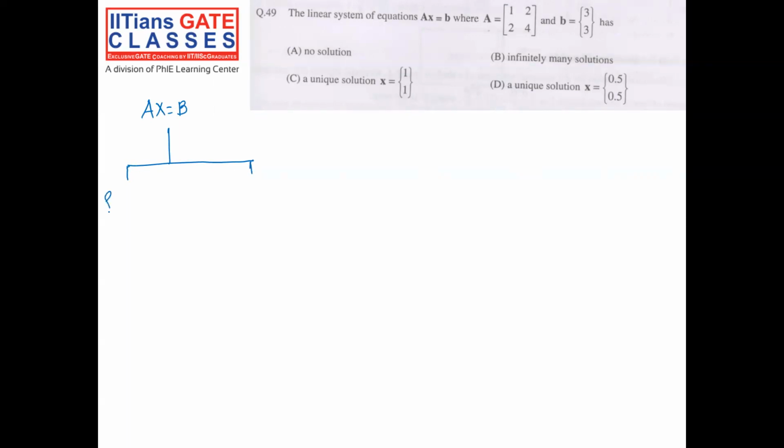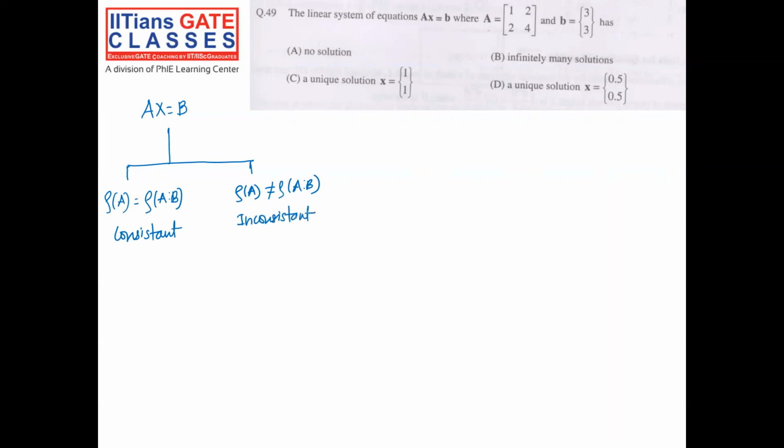We calculate the rank of matrix A and the augmented matrix AB, and if the rank of A and the rank of AB are the same, then we say that this linear system of equations is consistent. If it is not the case, then we say that it is inconsistent.